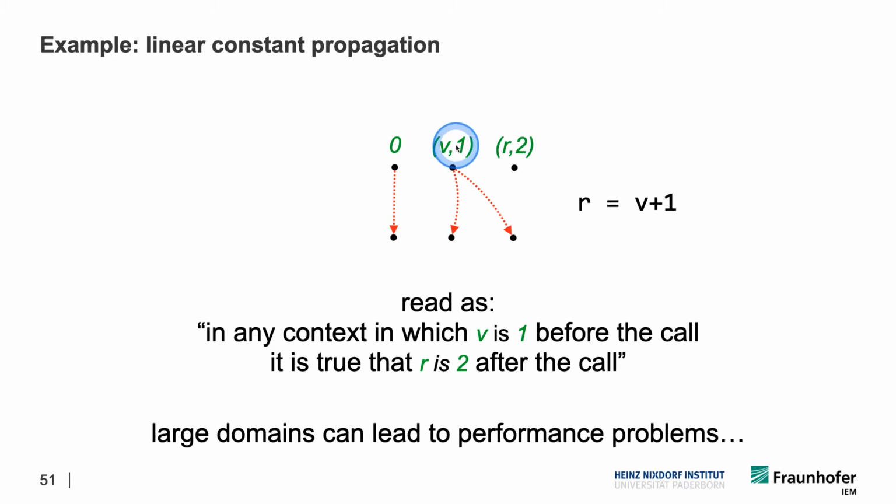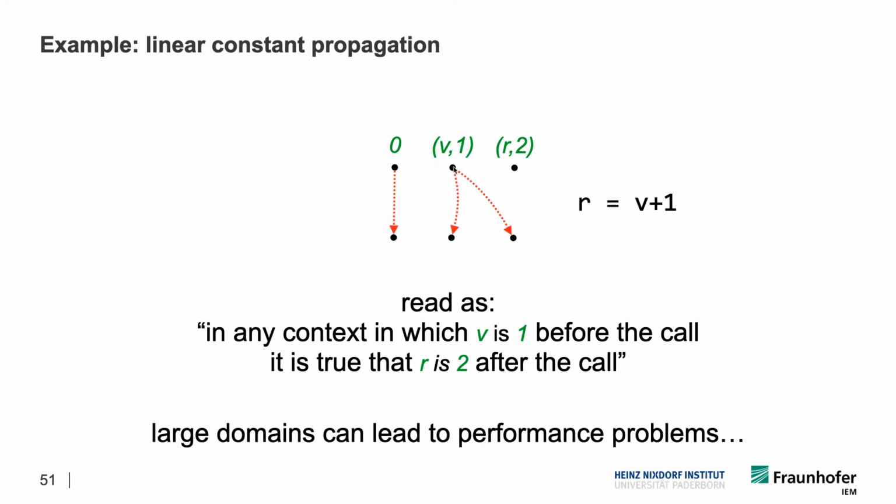We will have pairs or mappings from variables to numbers. This is then also reflected in our exploded supergraph nodes. Now we have these compound nodes that represent a combination of a numeric value with a variable. So if this node is reachable in the graph, it tells us that v can have value 1 at this particular program location.